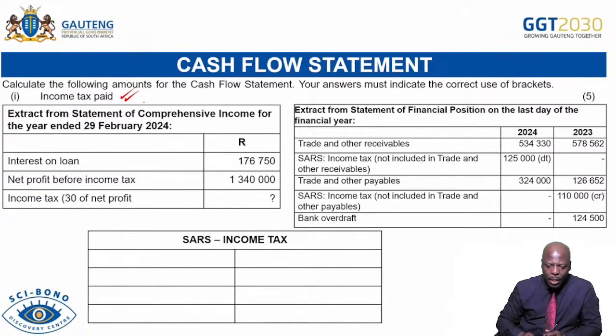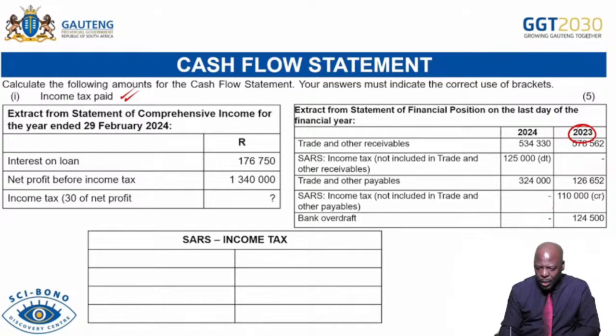Okay, so in this one here, the opening balance, you're going to find it in 2023. All right, so in 2023, that's where you're going to find your opening balance. That is your balance BD, and the balance BD is on the credit side over there.